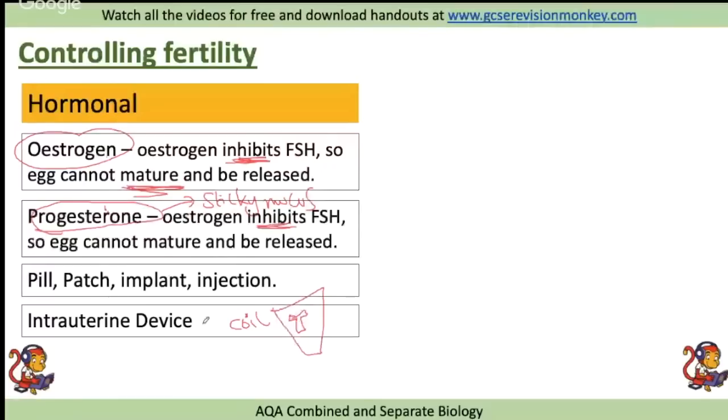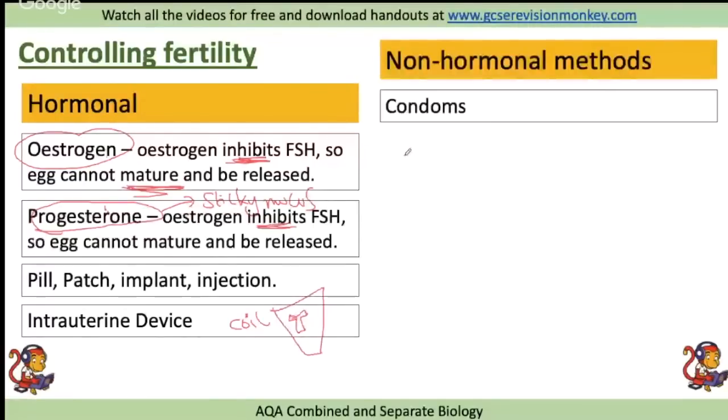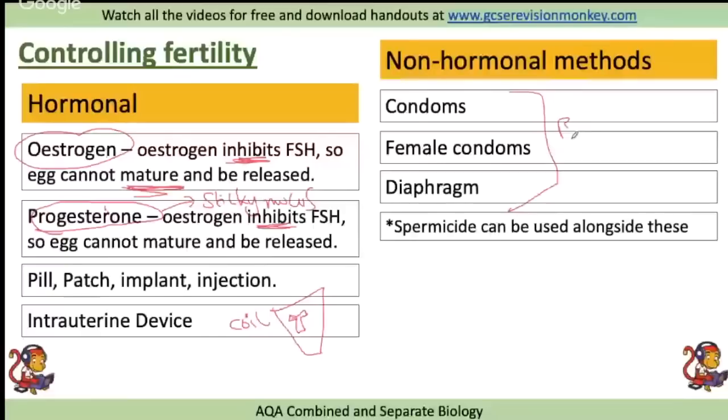Non-hormonal methods then. You've got barrier methods such as condoms, female condoms, and diaphragms. These are known as barrier methods because they physically block the semen from going into the uterus. Alongside those, you can use spermicide to make sure you're getting the best contraception possible.